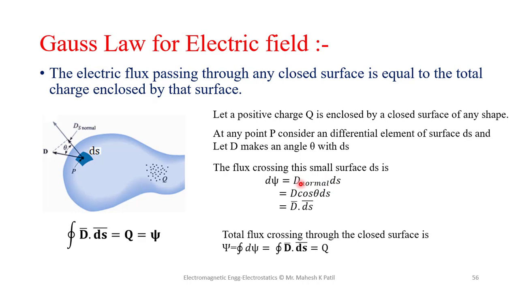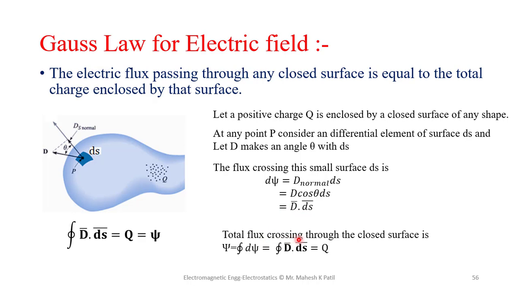The normal component of D will come as D cos theta, multiplied by ds. So D cos theta into area ds. As per the definition of dot product, we can write this entire equation as D bar dot ds bar, which simplifies to D ds cos theta. So d psi is equal to D bar dot ds bar. This is the small flux given out by that small area ds.